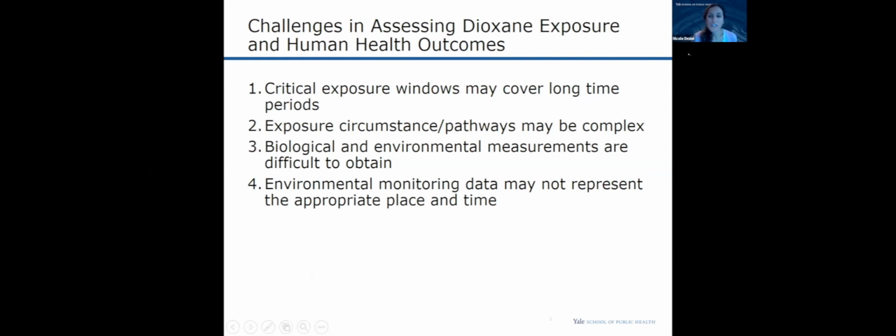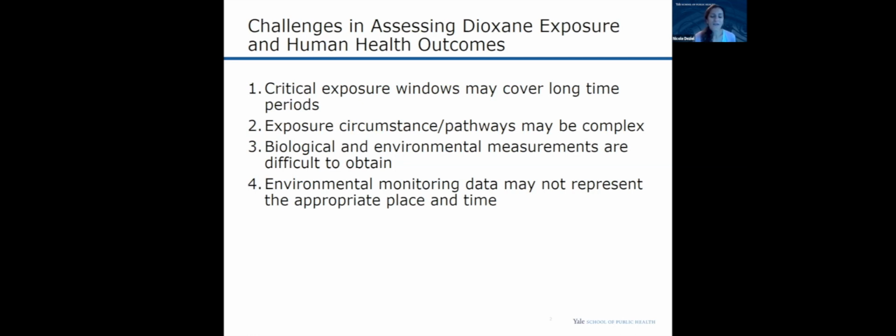So some of the challenges I've laid out here for 1,4-dioxane are that the critical exposure windows may cover long time periods, the exposure circumstances and pathways may be complex, and biological and environmental measurements that we often use can be difficult to obtain. I'll be elaborating on some of the challenges with biomarkers throughout the talk.